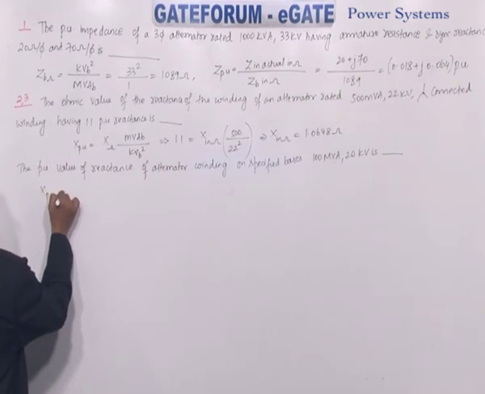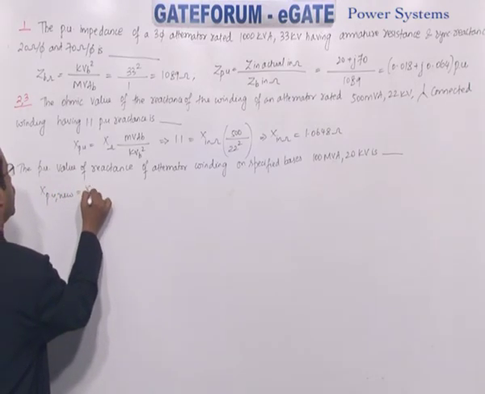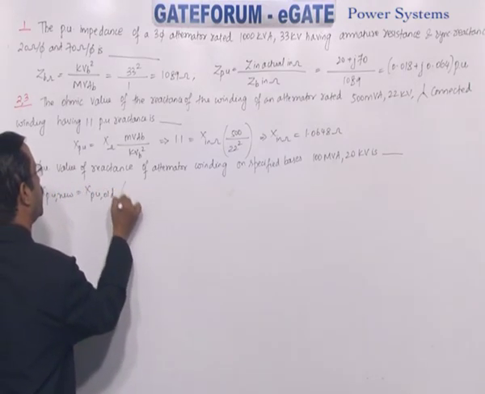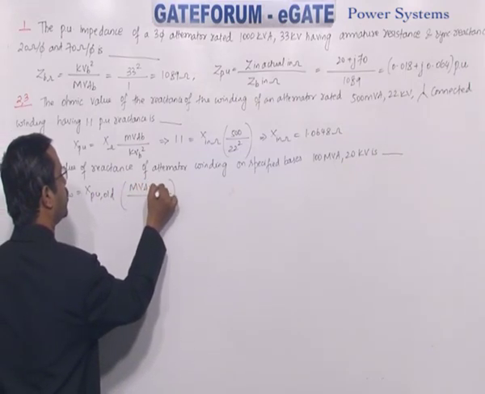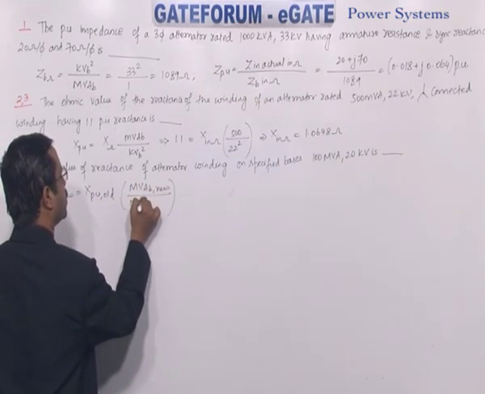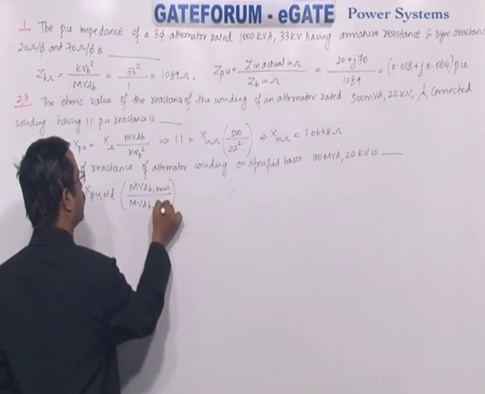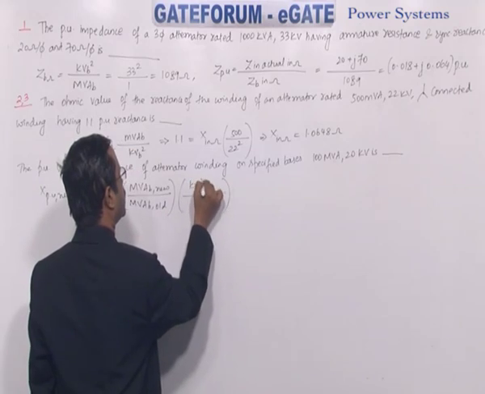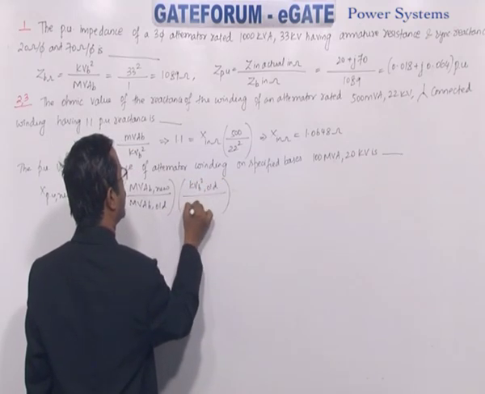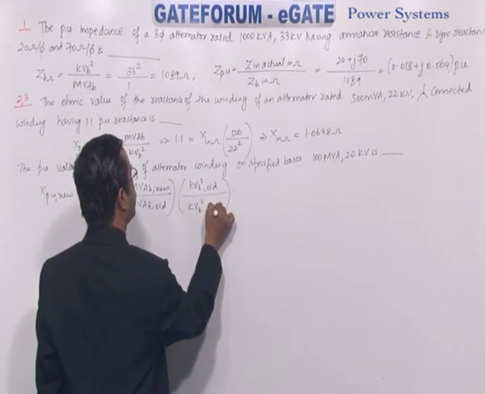So you know this formula. X per unit new is X per unit old multiplied with new base MVA divided with old base MVA, all divided with kV square old by kV square new.